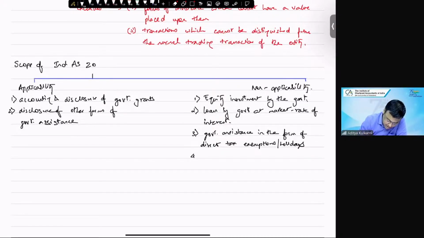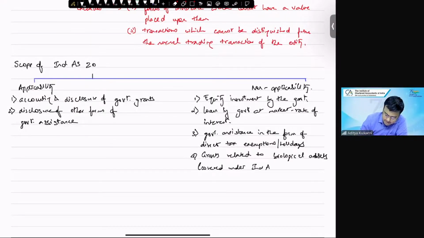And the fourth one is grants related to biological assets. What is a biological asset? We had discussed when we did inventory. Where is this covered? This is covered under Ind AS 41. Biological assets except bearer plants.